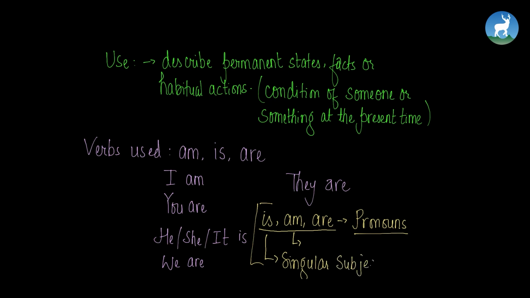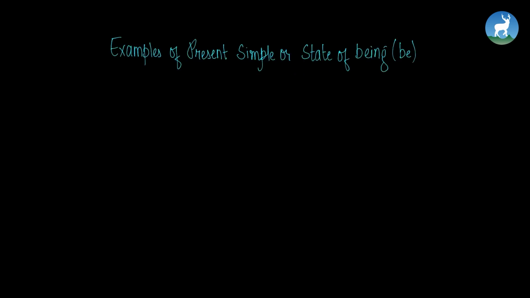In the case of is, we use a singular subject; for am we use the personal pronoun I, and for are we use a plural subject. The subjects could be nouns or pronouns. So let's look at some examples to illustrate how the present simple tense or the state of being is used, or we can simply call it the present simple form for the state of be.